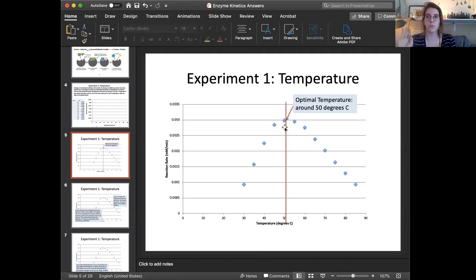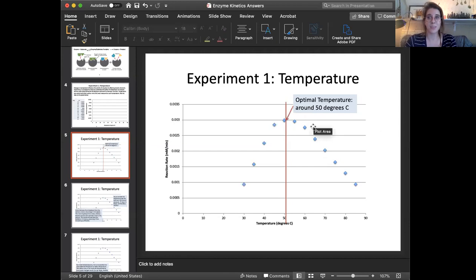The faster you move, the more likely you're going to hit an active site and be able to form a complex. So it's literally just increasing the chances of making that happen. And that keeps on happening until we get to this point where any higher temperature is going to cause structural changes that affect the active site and its ability to bind with the substrate.